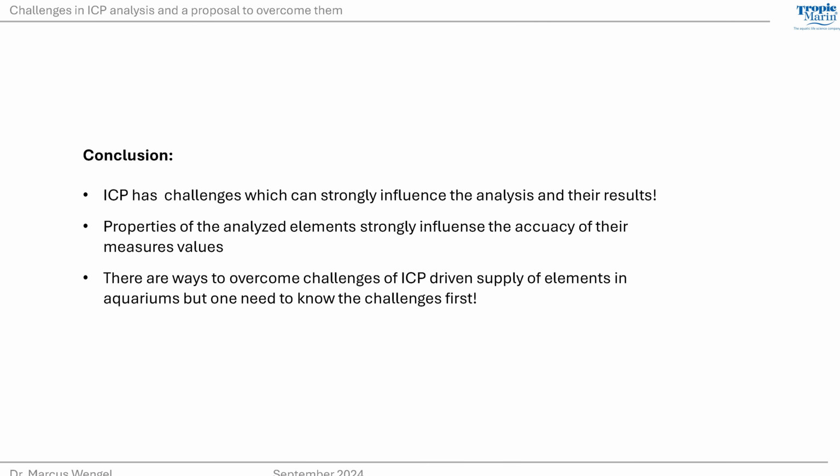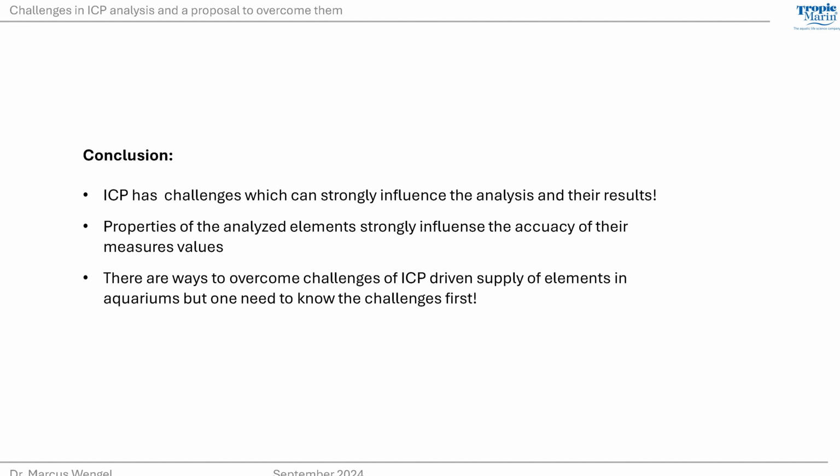Conclusion. ICP has challenges which can strongly influence the analysis and the results. It's not God-given values in ICP. Properties of the analyzed elements strongly influence the accuracy of their measured values. It depends on which element we're talking about.